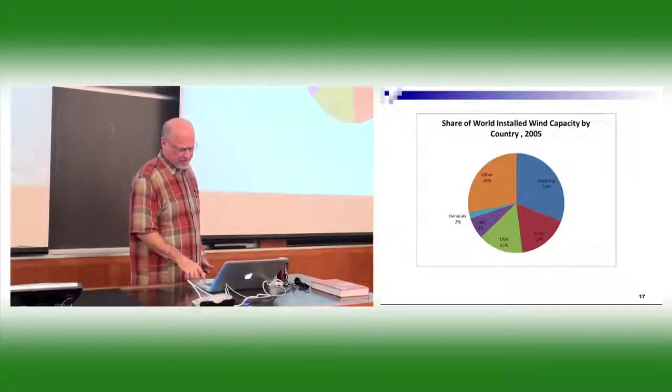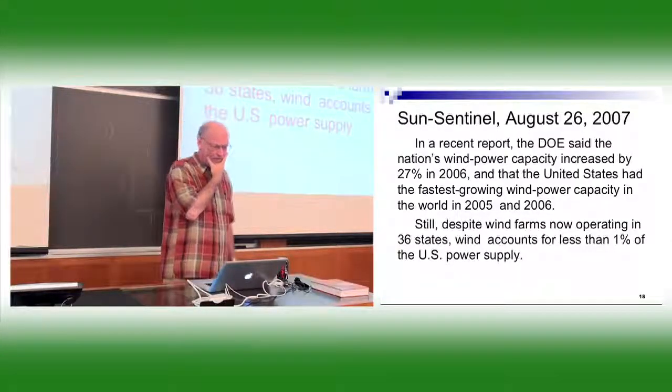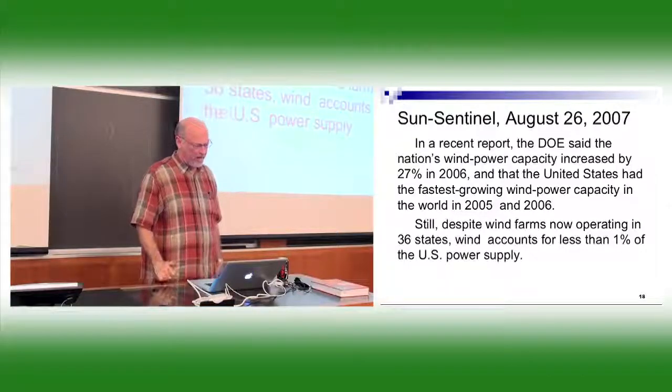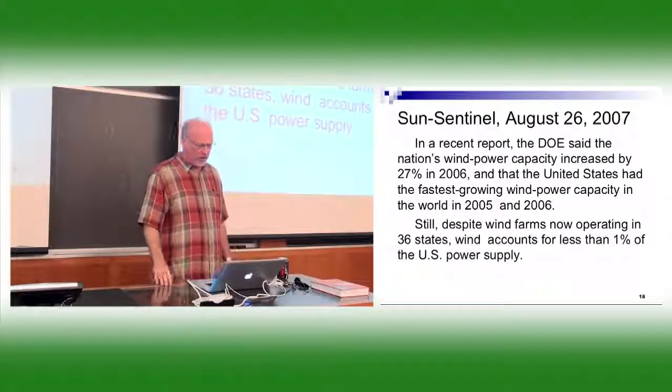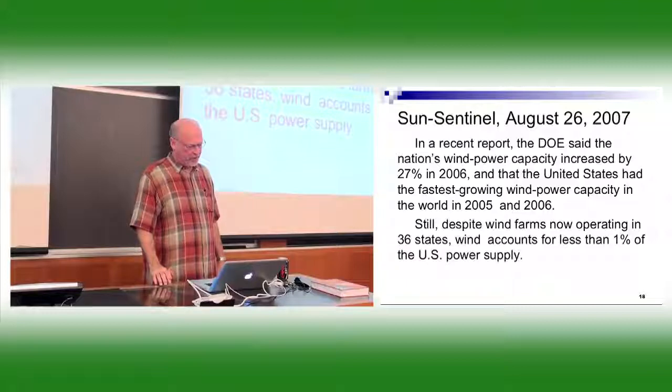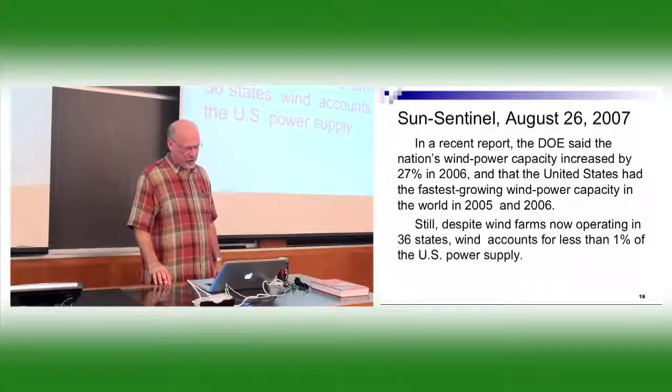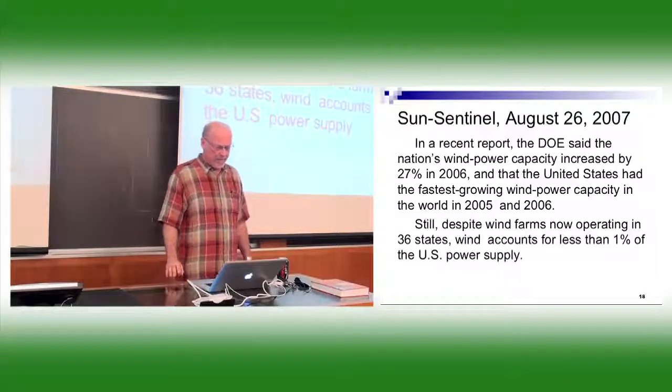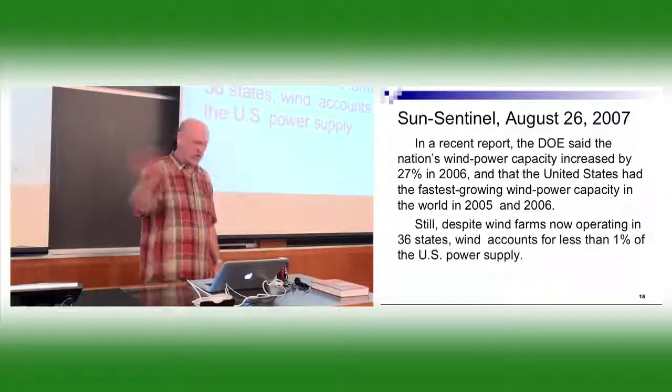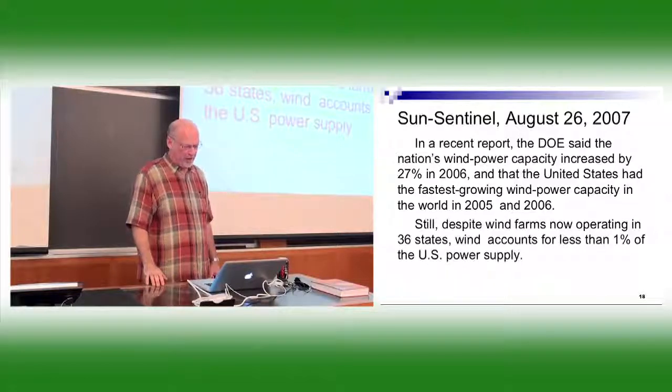In a Sun Sentinel article back in 2007, they quoted the Department of Energy as saying that the nation's wind power capacity increased by 27% in 2006, and that we had the fastest growing wind power capacity in the world in 2005 and 2006. And now China's passed us in terms of their rate of increase. Wind farms, that means a whole bunch of wind turbines together, are now operating in 36 states.